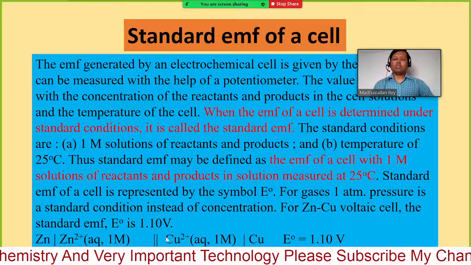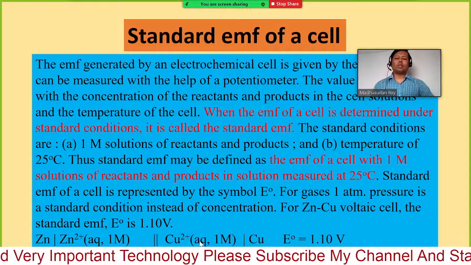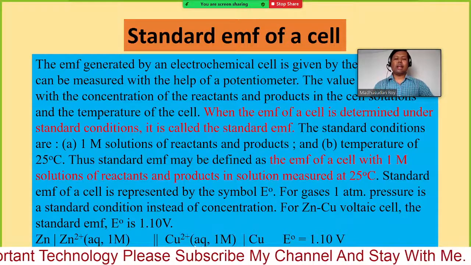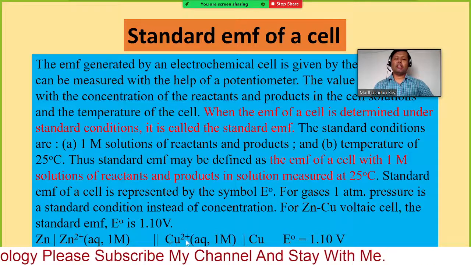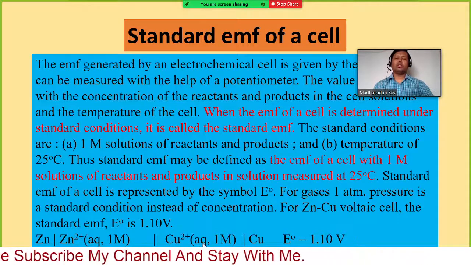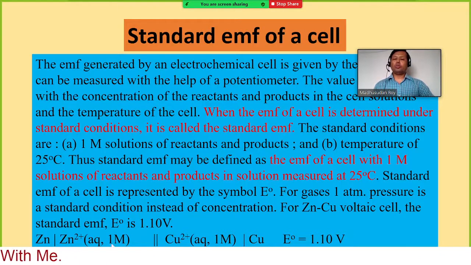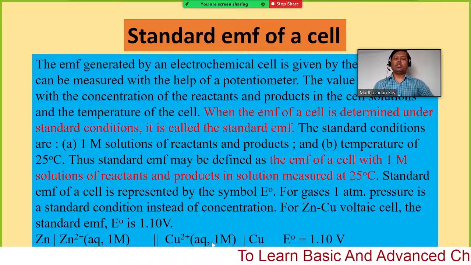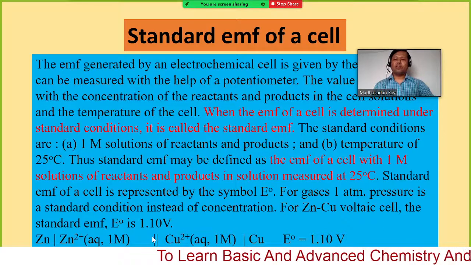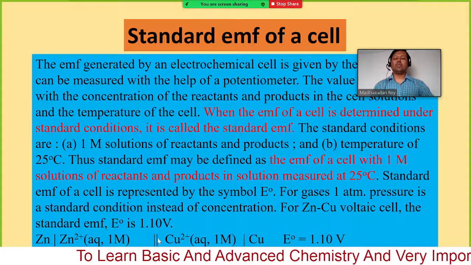Similarly for the other part of the cell, the electrolyte is in ionized form, aqueous, and the concentration is 1 molar. So here 1 molar, here also 1 molar. This is one electrode, this is another electrode, this is one electrolyte, this is another electrolyte. So they are connected, and this is the symbol representation.